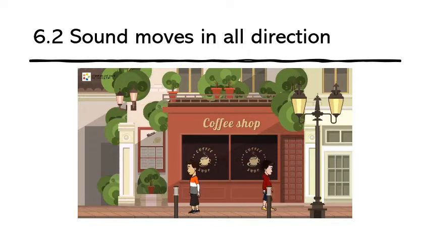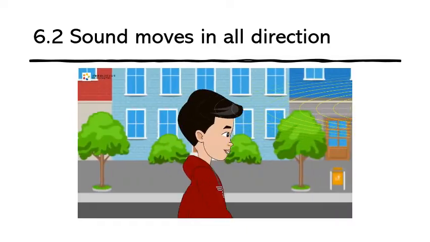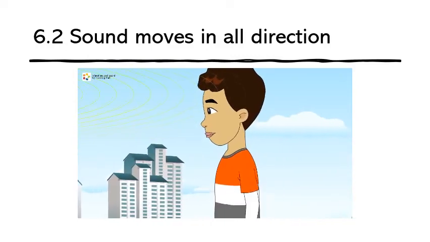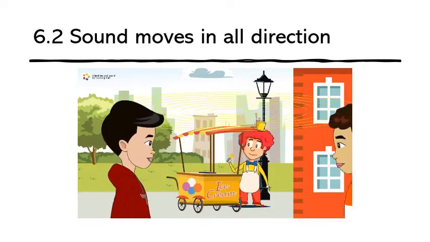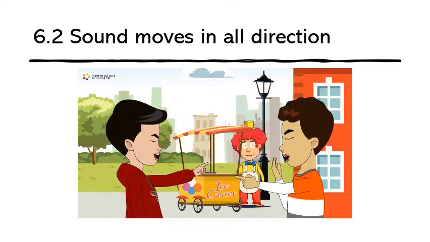They go in opposite directions. Along the way, they hear the sound of a bell ringing from an ice cream seller, though they are in different locations. They are drawn to the sound of the ice cream vendor's bell. They are surprised and happy to see each other again. This is possible because sound travels in all directions.